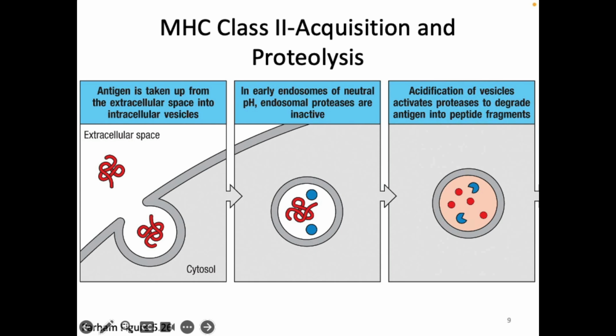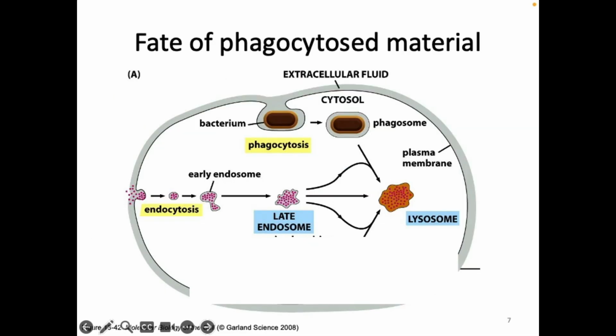That's just the way that it works in the biosynthetic secretory pathway. If you end up in a phagosome or an endosome, eventually you're going to get into the lysosome. The lysosome is one of the cell's two trash cans. It's one of the two places that the cell does a lot of degradation.